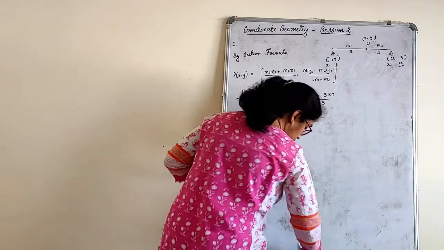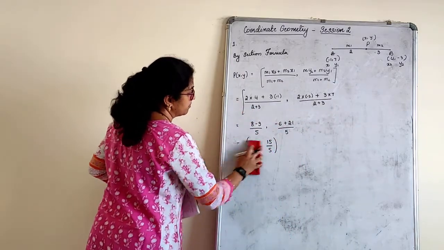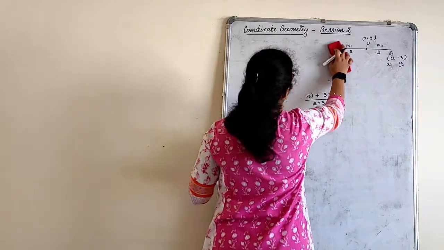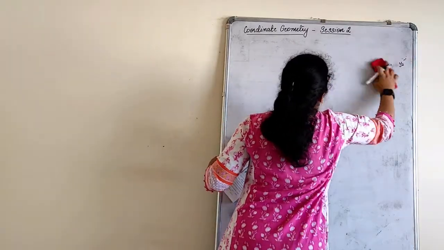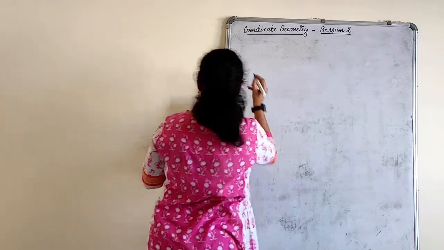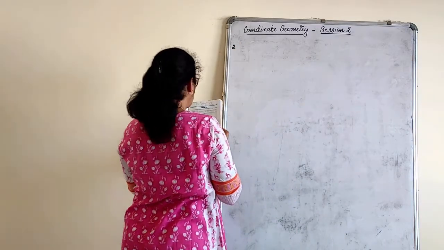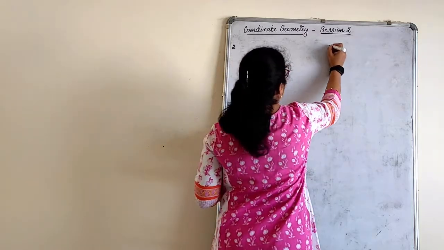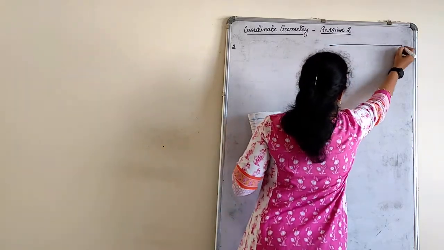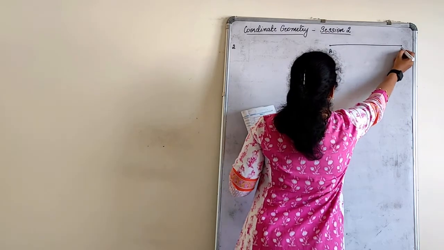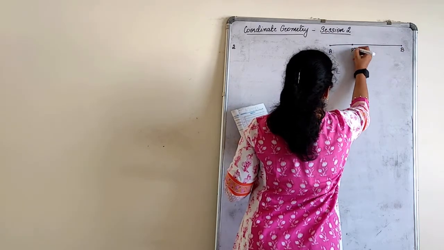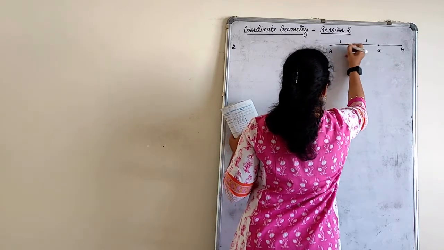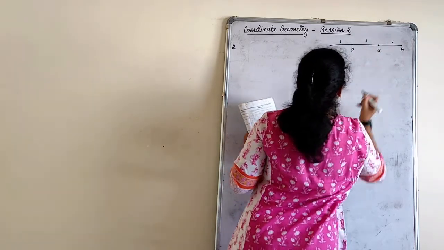Okay. Quickly we go to the next one. Second one. Find the coordinates of the points of trisection of a line segment. So if a line segment is trisected, that is P, that is Q, equal parts, 1, 1 and 1, right?